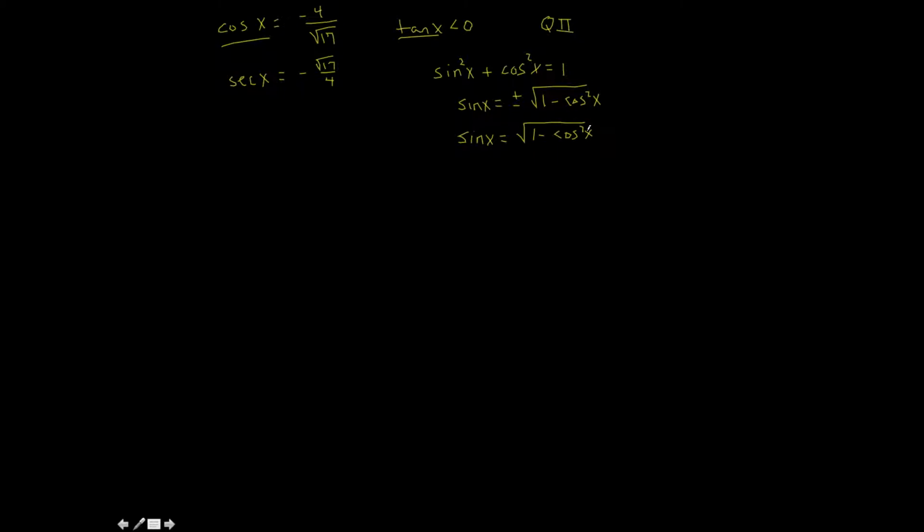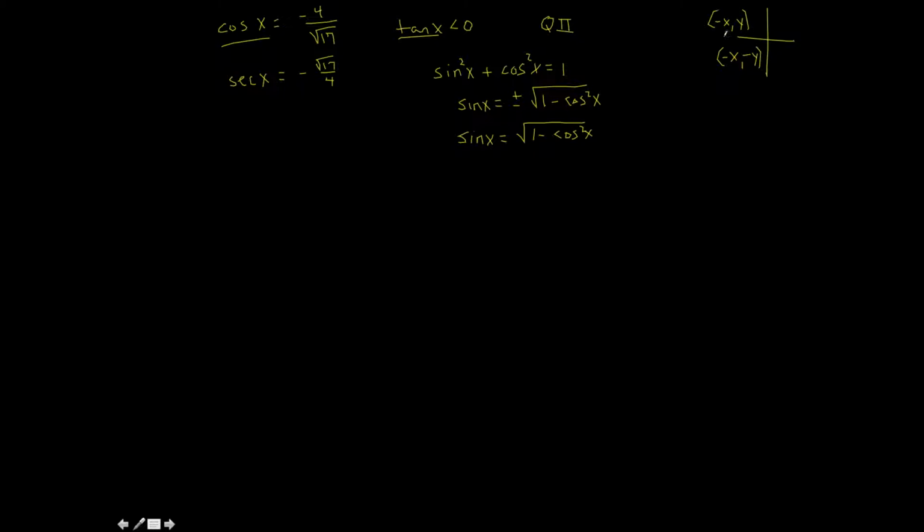So let me go through that again. Cosine is negative in quadrant 2 and quadrant 3. Tangent is negative. Out of those two, tangent is only negative in quadrant 2. Let me draw this. This may help explain it better. This is negative x, y. All the points in quadrant 3 are negative x, negative y.